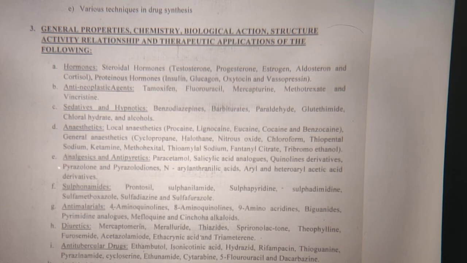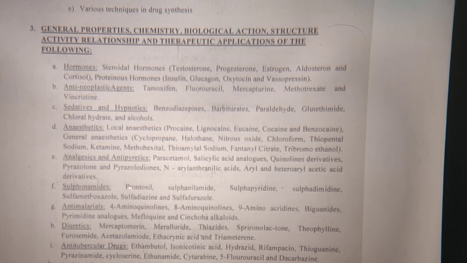Then E, analgesics and antipyretic agents. Under that are included paracetamol, salicylic acid analogs, quinoline derivatives, pyrazolone and pyrazolidine, N-aryl anthranilic acid, aryl and heteroaryl acetic acid derivatives. F, sulfonamides.